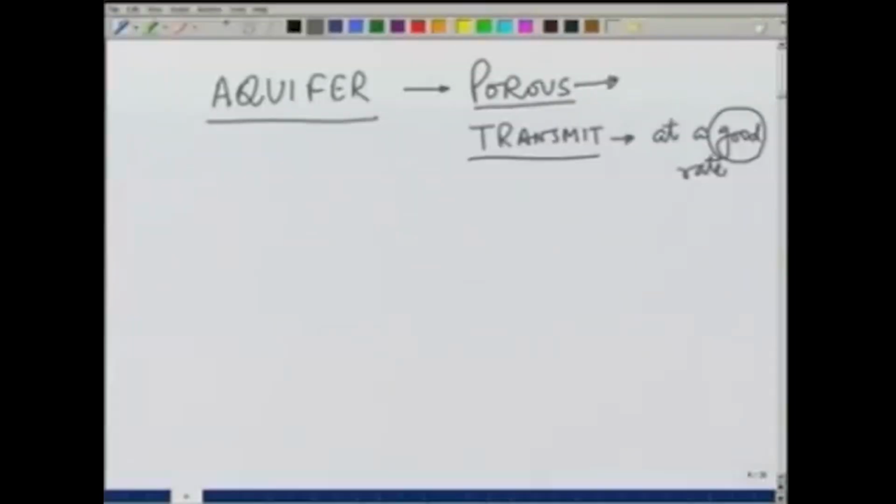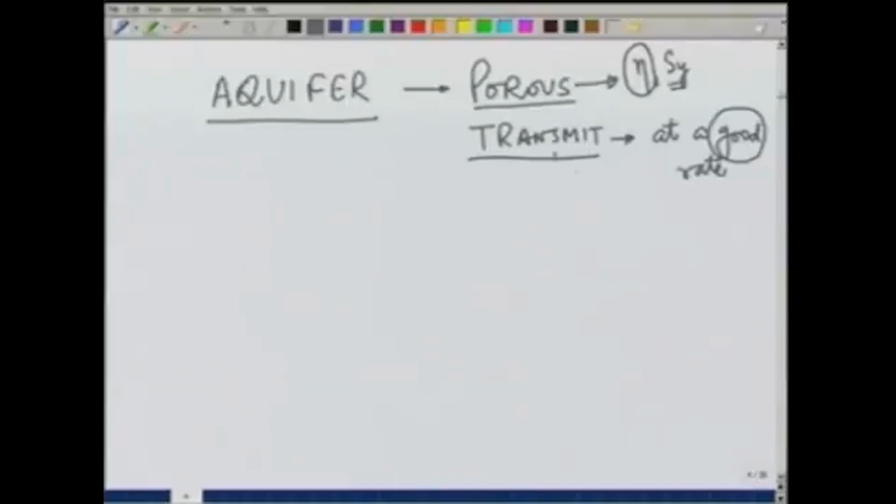Therefore, this is qualitative and it will depend on the purpose for which we are using the water. And porous we have seen already that this depends on porosity and specific yield. Porosity of course is important, but specific yield is more important in water resources engineering because this is the amount which is available to us.